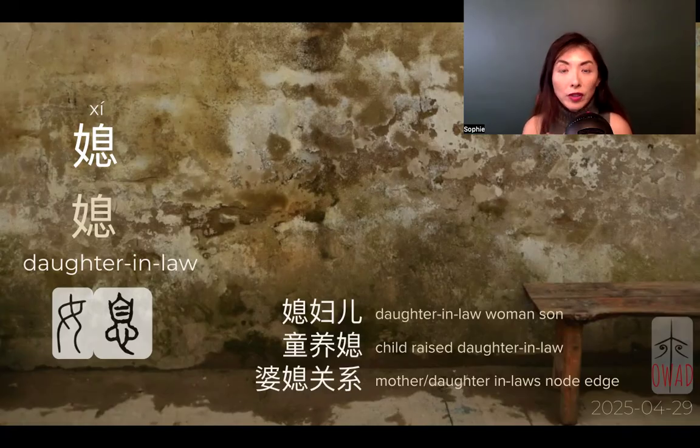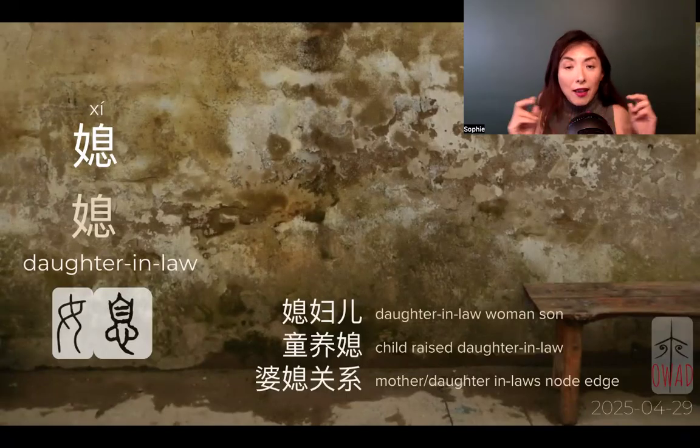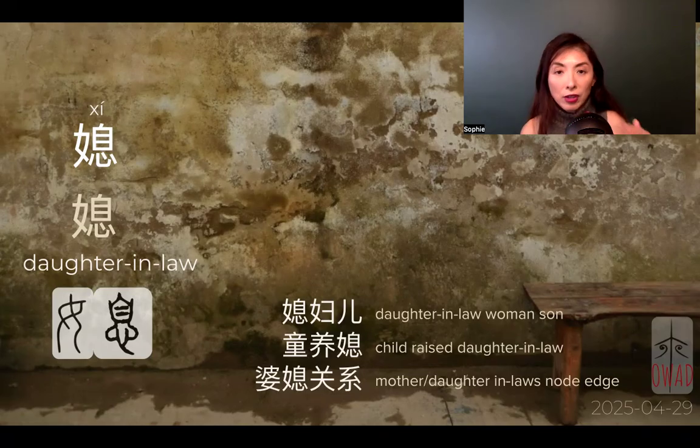So then there was this gender imbalance in China, and 童养媳 was the ancient way to guarantee a wife for your son by bringing this girl in very early on as a child. So you raise that child in your household until childbearing age. So the child becomes a child bearer, right?